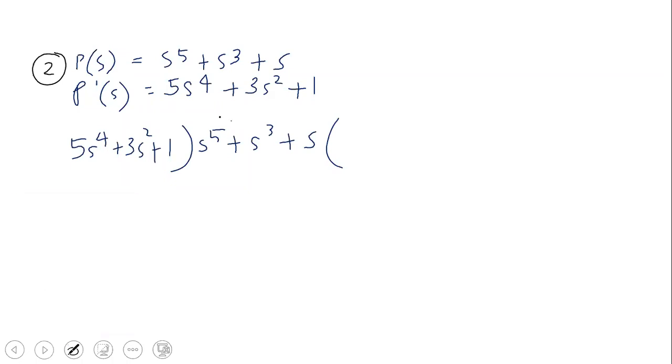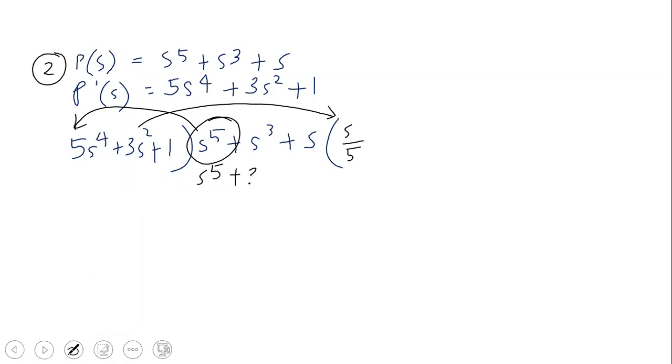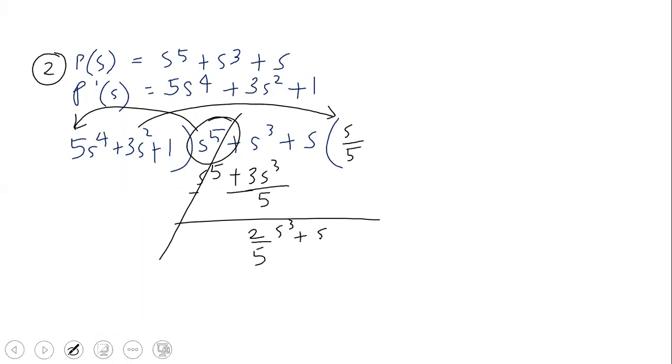Pick up the term s raised to 5 divided by this, so you will get s by 5. This gives you s raised to 5 plus 3s cube plus 5/5, minus minus, this will get cancelled. What you're getting here is nothing but 2/5 s cube plus s.